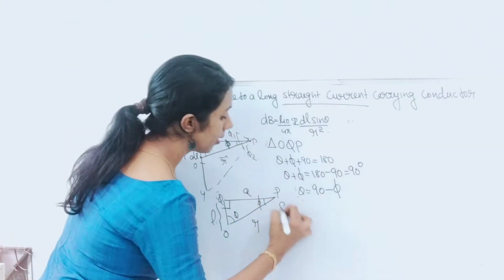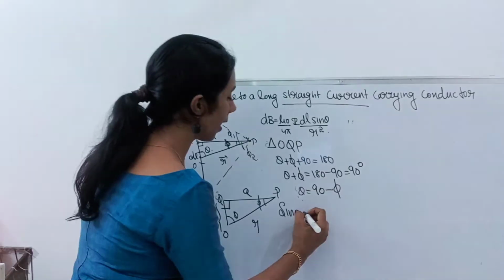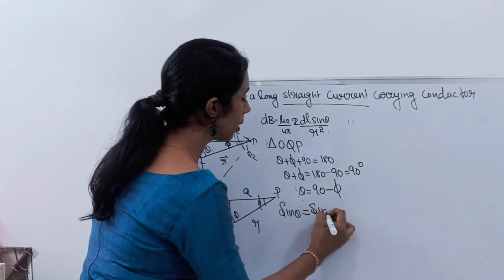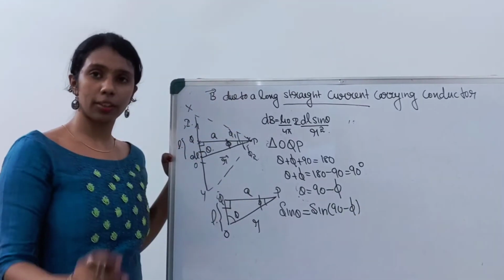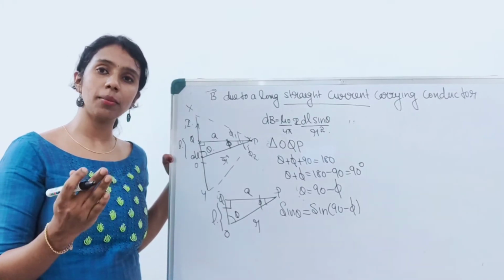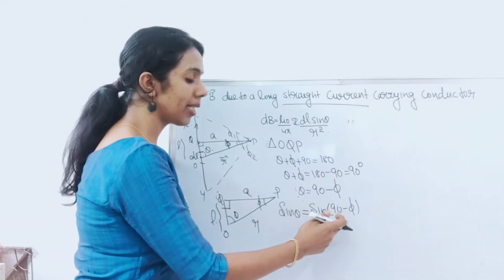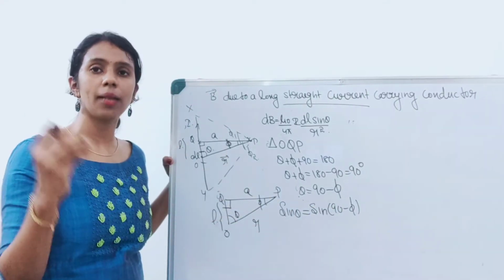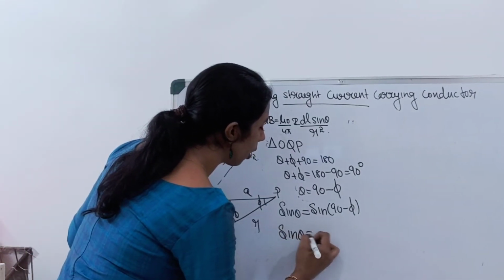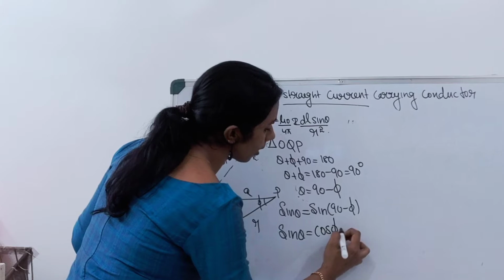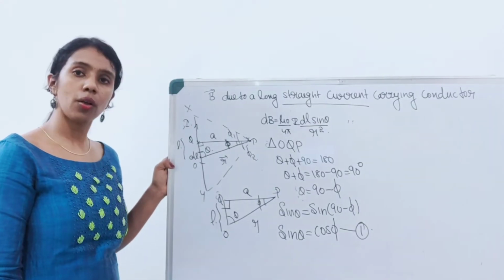So in sin theta, instead of theta, we can write 90 minus phi. So sin theta is equal to sin of 90 minus phi. According to the trigonometric relationship, sin of 90 minus theta can be written as cos theta. So sin of 90 minus phi can be written as cos phi. So sin theta is equal to cos phi. Let this be equation number 1.